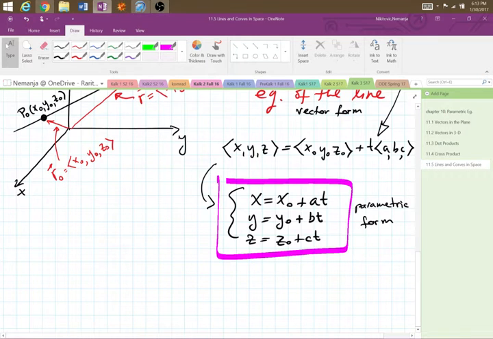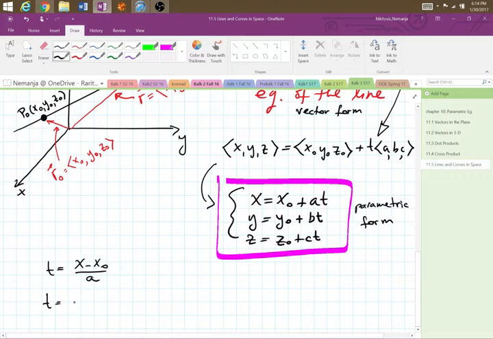And then from here, one more. Each one of these has t. I can solve for t in each equation and then write a three-sided equality for the equation of the line. If I solve the first for t, I get that t is equal to x minus x0 divided by a.